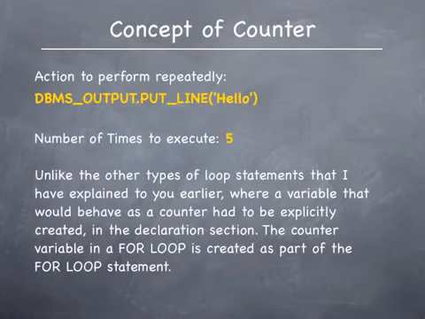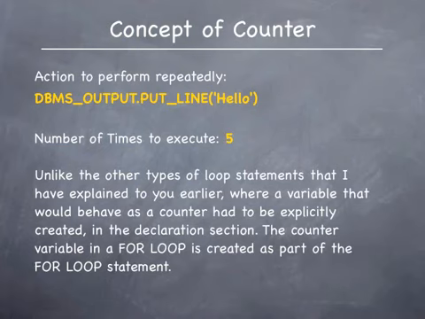In my earlier tutorials on the loop statement and the while loop statement, I explained the concept of a counter. The counter was needed to control the number of times a loop was executed. The variable that behaved as a counter had to be created by the programmer as a numeric variable that was declared in the declaration section. The programmer was responsible for writing the statements to modify the value of the counter in the program.